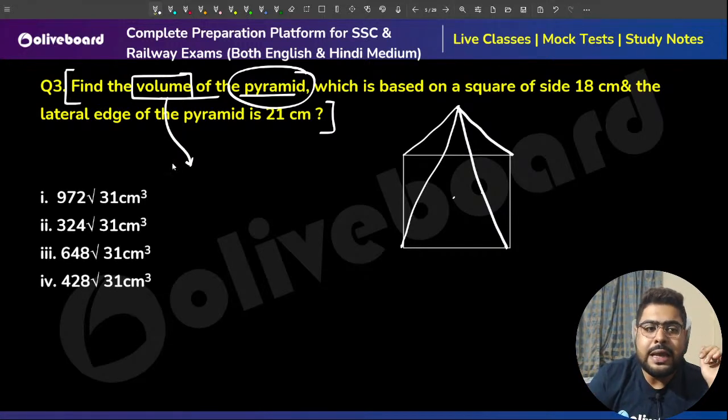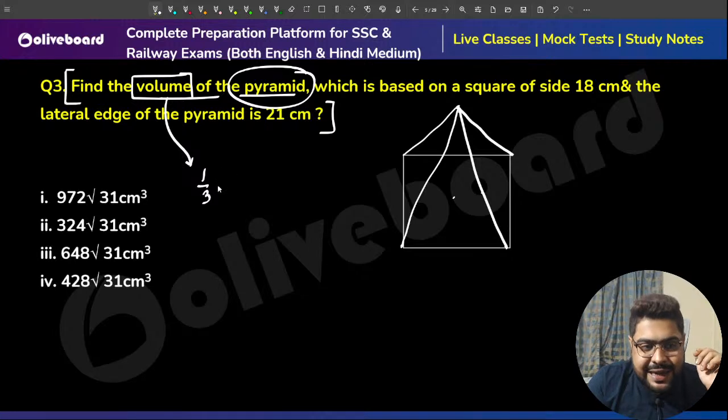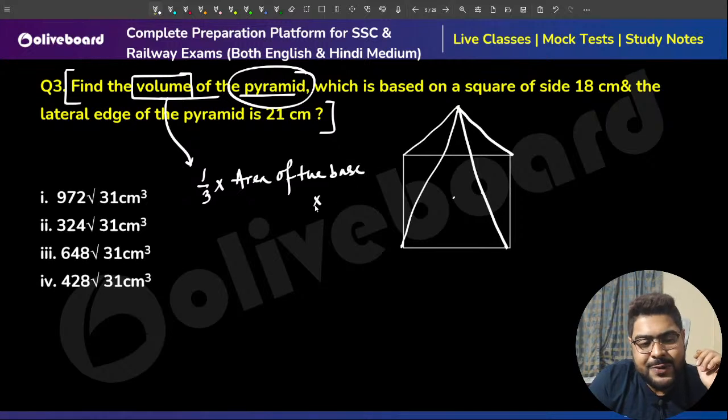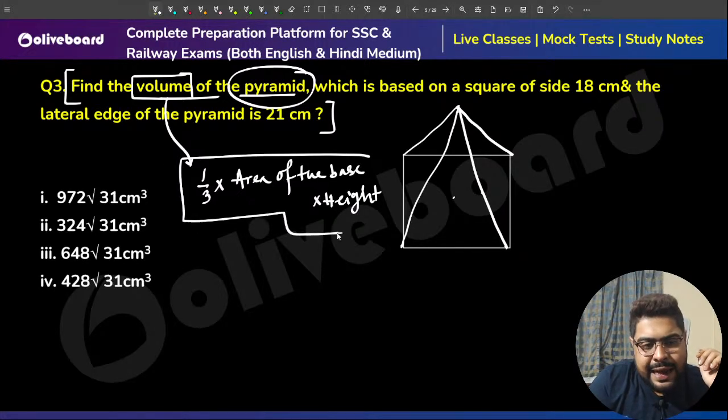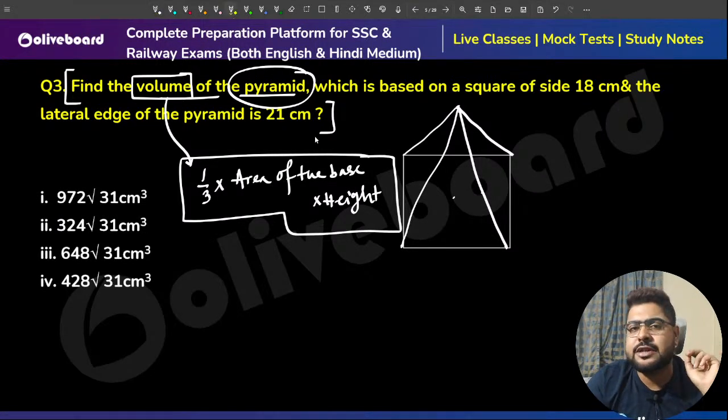If you go up, you get a multiplication factor of 1 by 3. In case of cone also the same thing happens: 1/3 pi r square h. Here also 1/3 into area of the base into height. This is how you calculate the volume of any 3D mensuration figure.